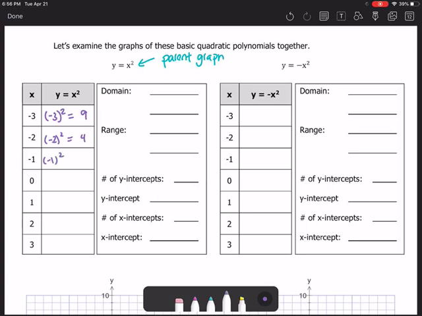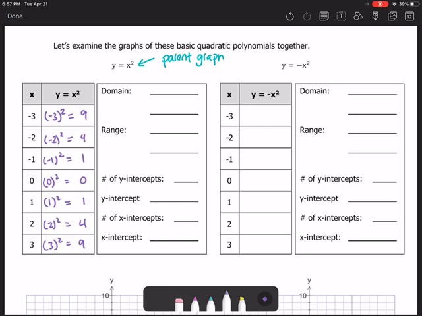And so on and so forth. (-1) squared is 1. 0 squared is 0. 1 squared is 1. 2 squared is 2. And 3 squared. Oh, 2 squared is not 2. Silly me. 2 squared is 4. Doh. And 3 squared is 9. Okay.